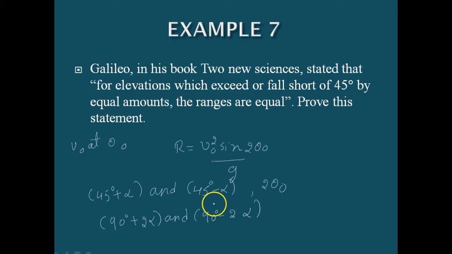The values of sine of 90 degrees plus 2 alpha and sine of 90 degrees minus 2 alpha are the same. Therefore, the ranges are equal for elevations which exceed or fall short of 45 degrees by equal amounts alpha. The value of sine of 90 degrees plus 2 alpha is the same as that of sine of 90 degrees minus 2 alpha. So we can easily prove this statement, isn't it?